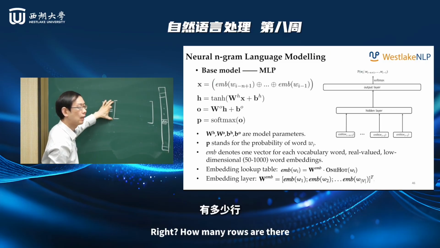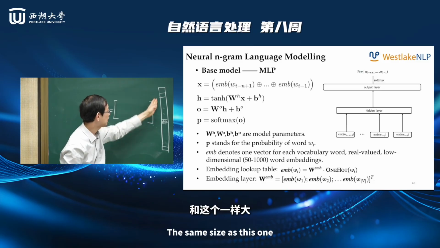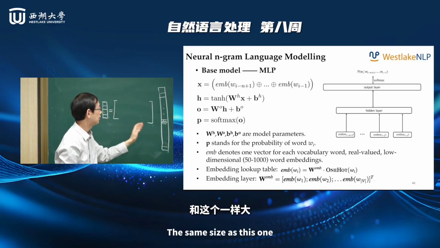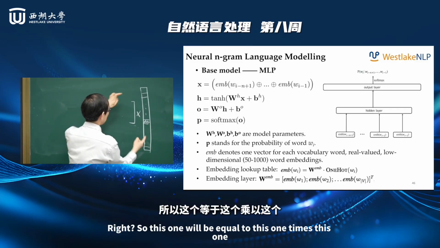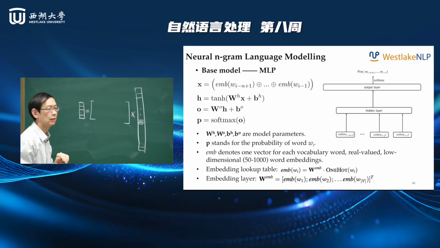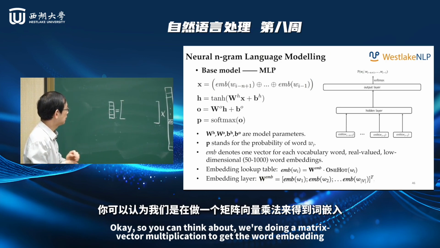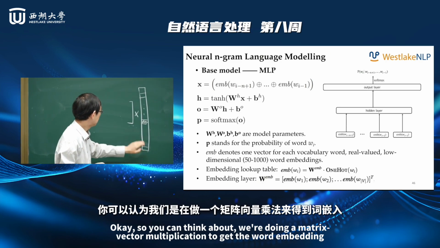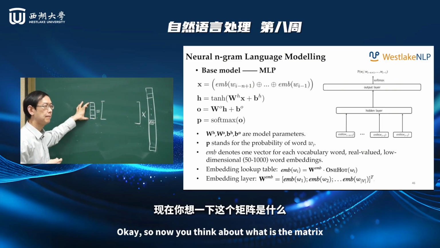How many rows are there? The same size as this one. So this one will be equal to this one times this one. So you can think about we're doing a matrix-vector multiplication to get the word embedding.